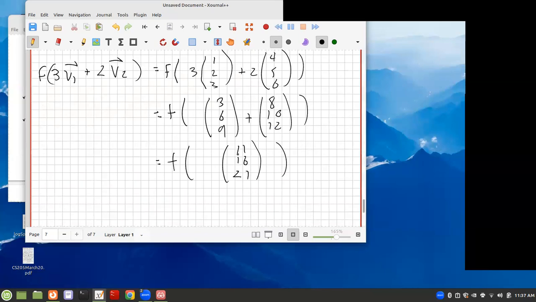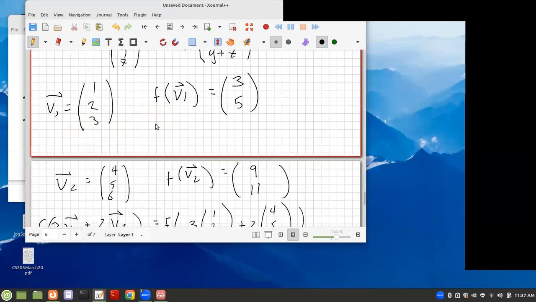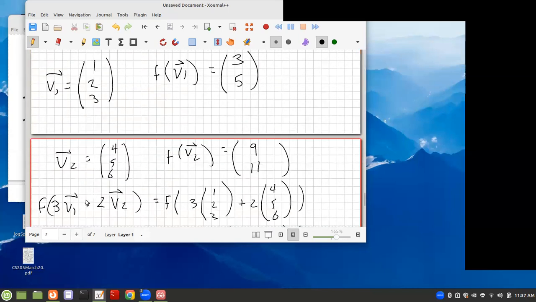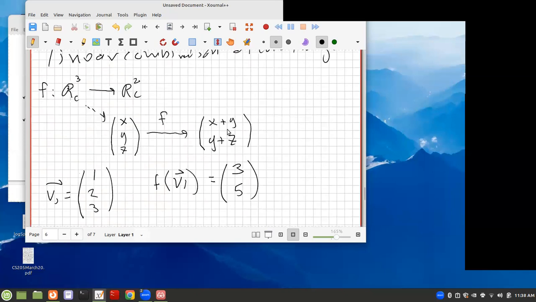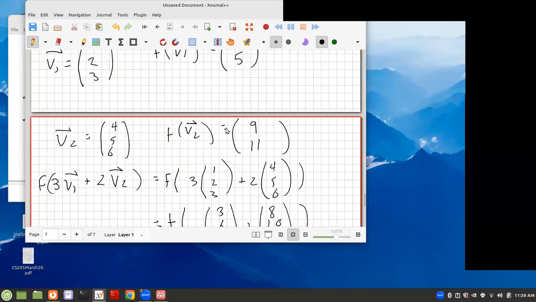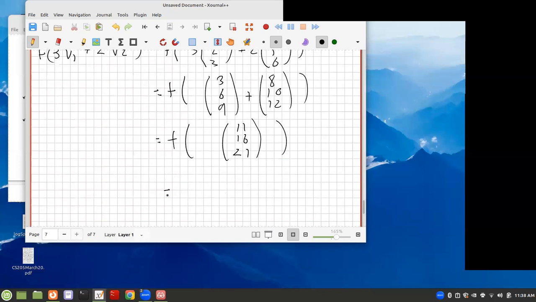Okay, so here now we have a form, because we combined and found out what the particular vector in R3 is, defined by this linear combination. Then we can apply the rule: x plus y is 27, and then y plus z is 37.